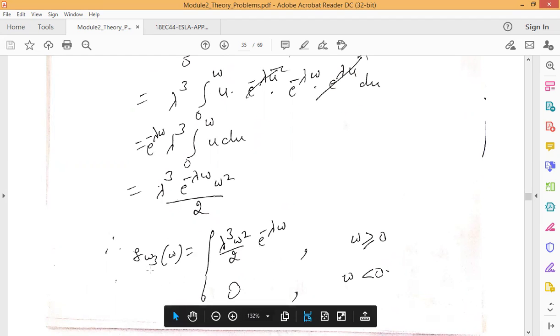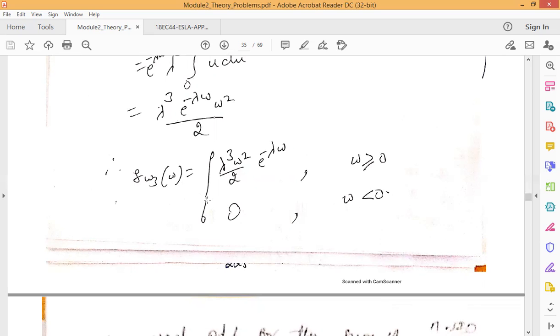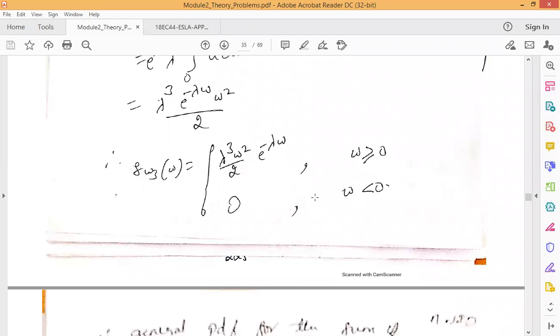So the PDF for the W3 variable, which is the convolution of fx of x and fw2 of w, is obtained as lambda cube w square by 2 e to the power minus lambda w for w greater than or equal to 0, and for other values of w it will take the value 0.